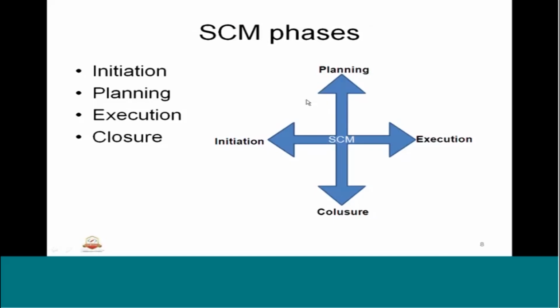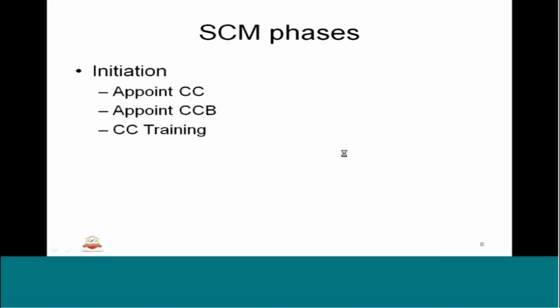That's why I had put a simple arrow to identify at each end of the arrow initiation, planning, execution, and closure. So what are we going to do in initiation? What are we going to do in planning? What we are going to do in execution, and how are you going to close it. So these are basic elements of the SCM. Okay.